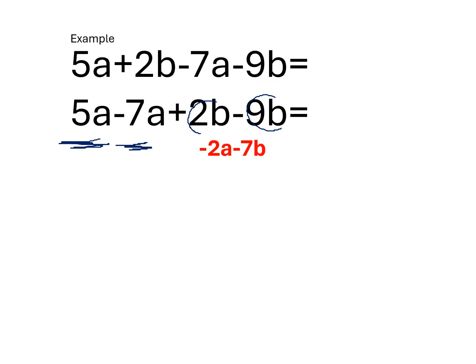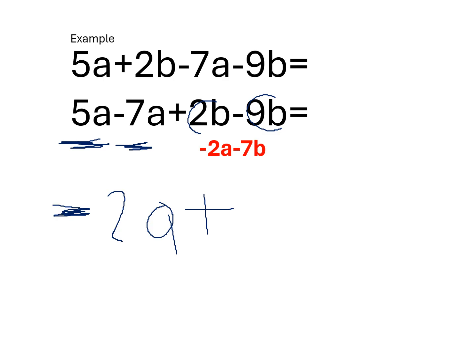So 5 is a positive and 7 is a negative. Remember we're subtracting right here. After you subtract, you take the sign of the larger number. So the answer is negative, because the larger number is negative 7: negative 2a. Plus 2b subtract 9b.